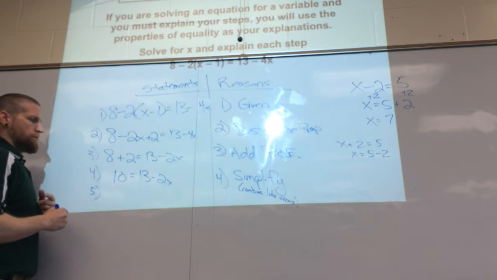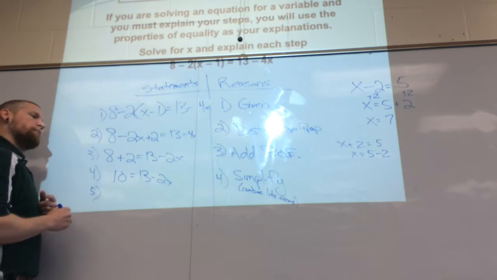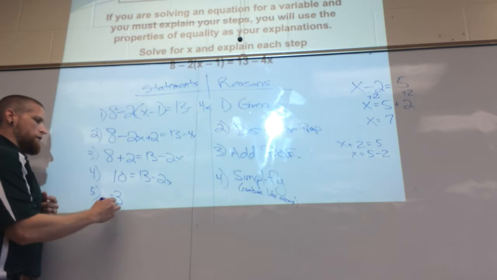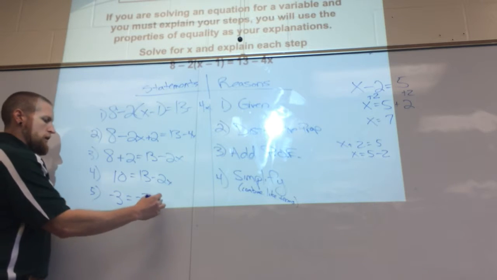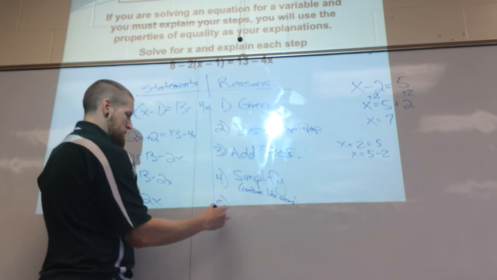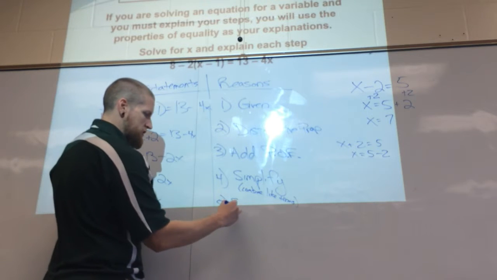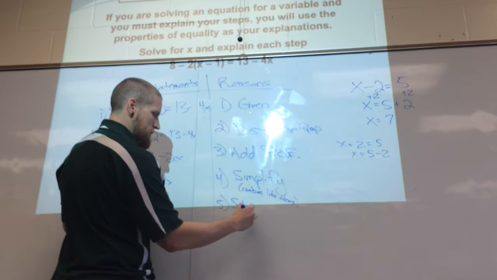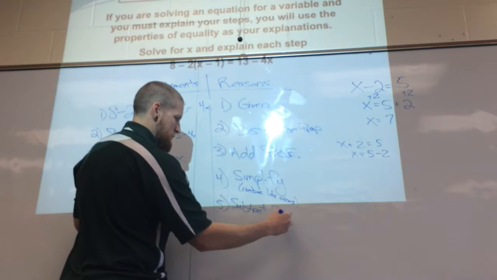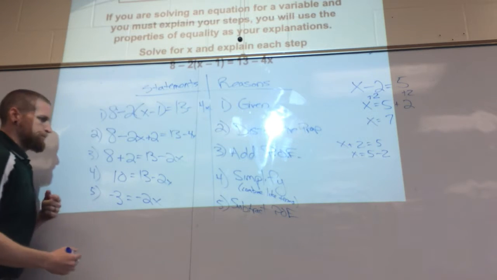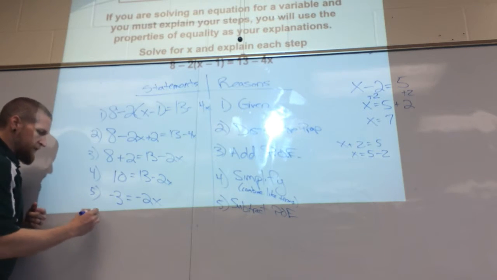Now what? Minus 13. So that'd be what, -3x. Yeah. So subtraction, because you subtracted that. Subtraction property of equality. And then the last thing is what?